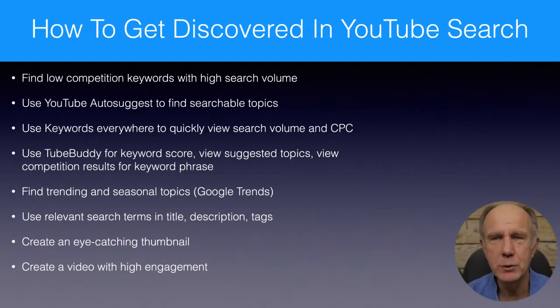So how then do you get discovered in YouTube search? If you're just starting out or have a small channel, then you want to research the keywords that are low competition with a high search volume. So say you're doing a topic on the COVID vaccine, for instance.